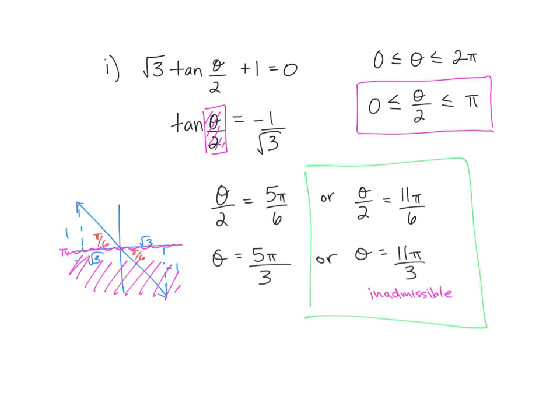What happens between 0 and pi is all that is going to fit into my domain when I multiply those angles by 2. Pi times 2 takes me to 2 pi, so none of what's happening in quadrants 3 and 4 will fit within 0 to 2 pi.